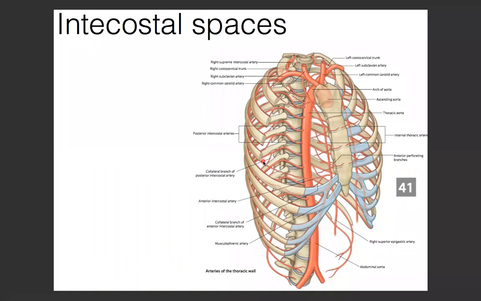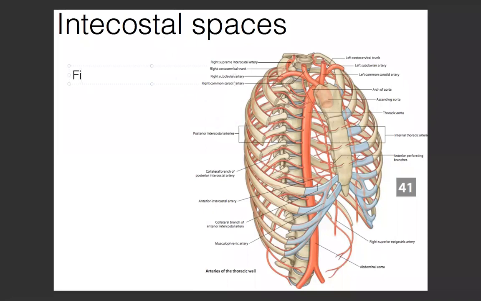After that, any question? Okay. So posteriorly, the first two intercostal arteries have a different rule than the rest.